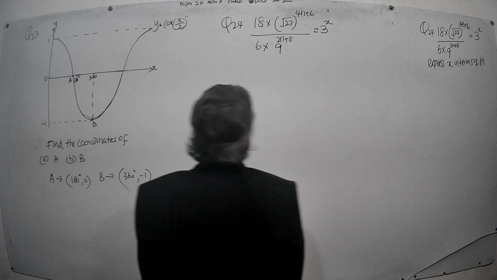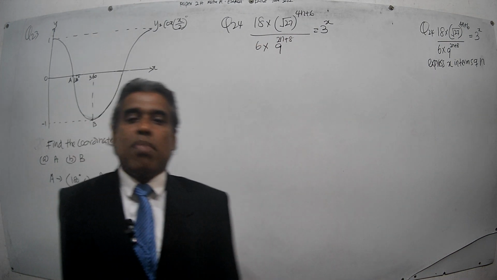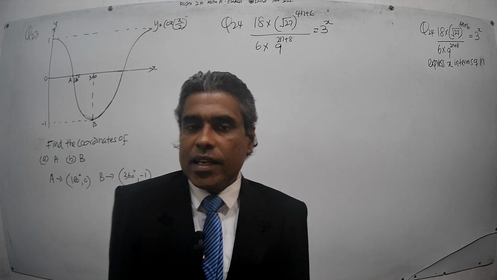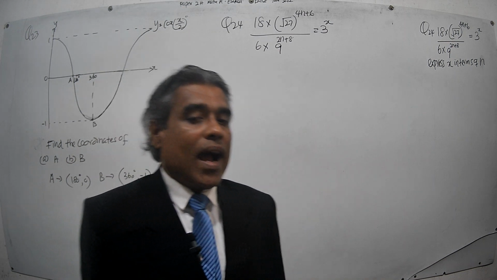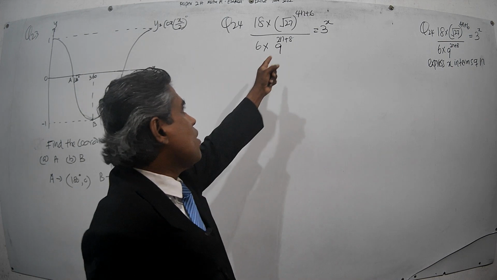This equation involves powers, and we are asked to find an unknown term in the power. What is the unknown term?